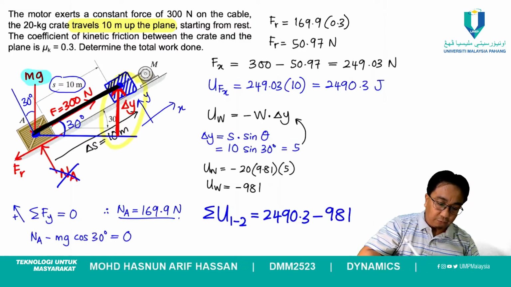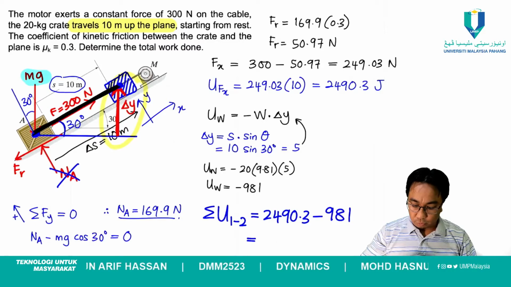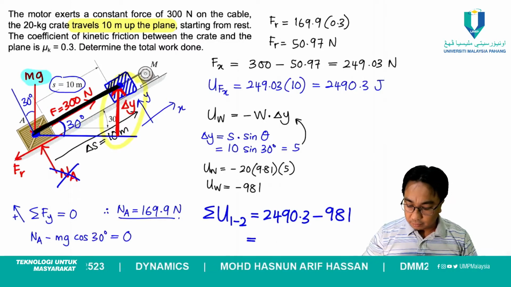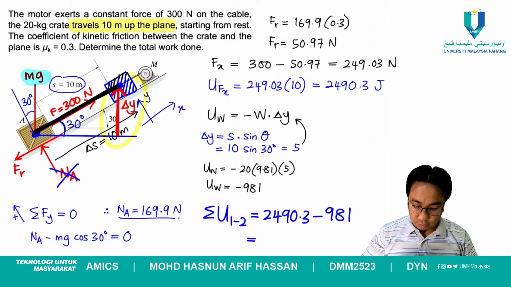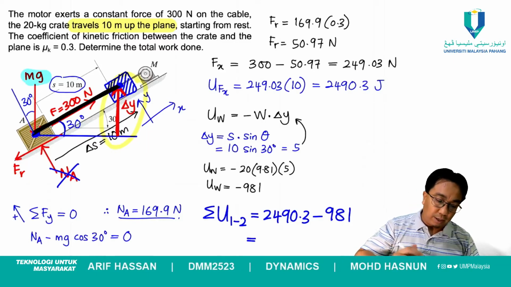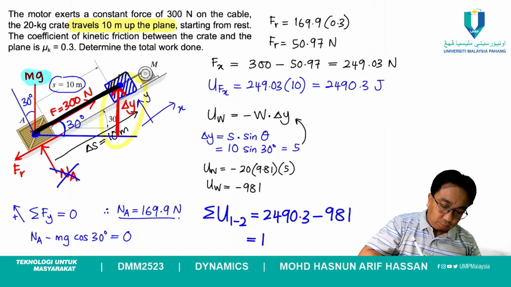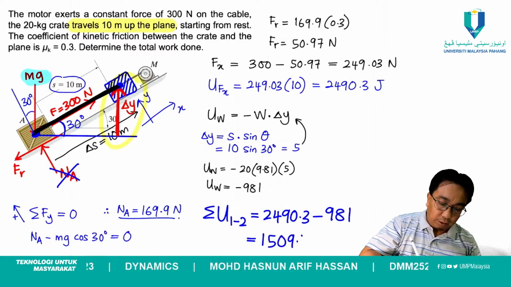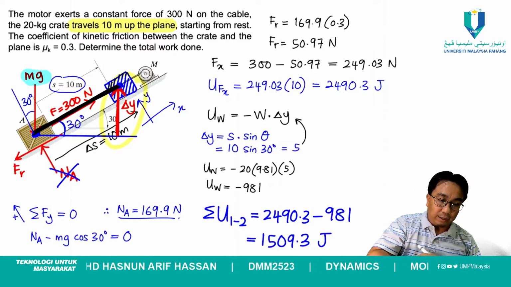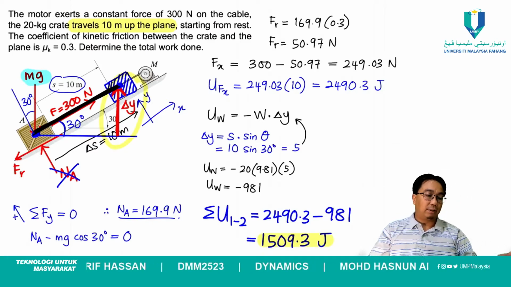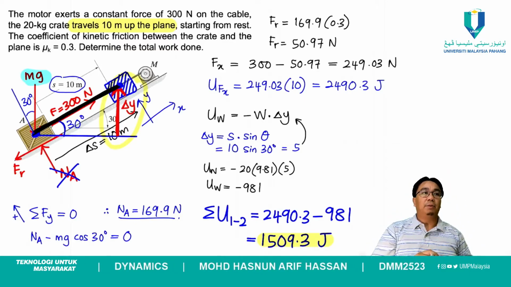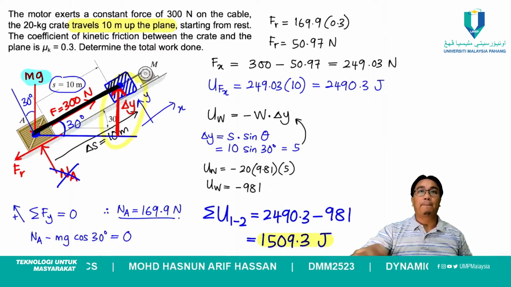So this is equal to 1509.3 joule. Okay, so this is the total work done to move the box from bottom going up 10 meter.